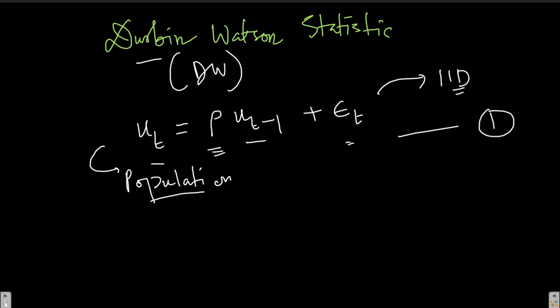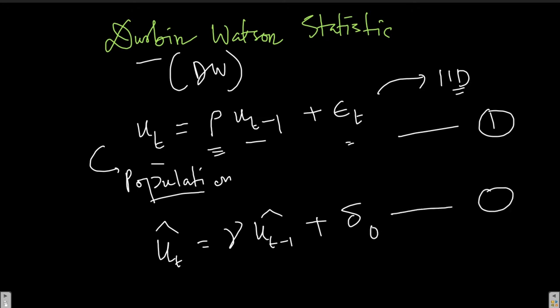So we estimate ut as ut hat equals some gamma times ut minus 1 hat, the estimated value of the previous period error term. When estimating this there is no innovation term; instead we can have an intercept term, delta 0. Let's name this equation 2.